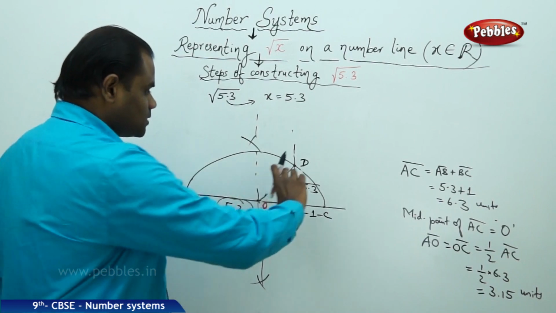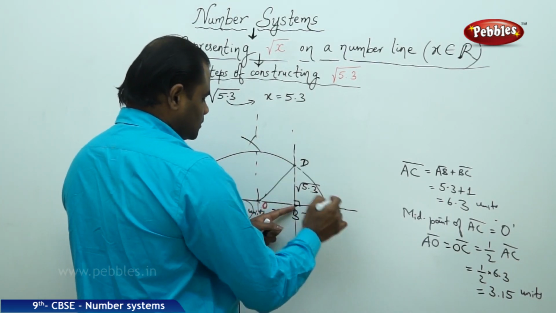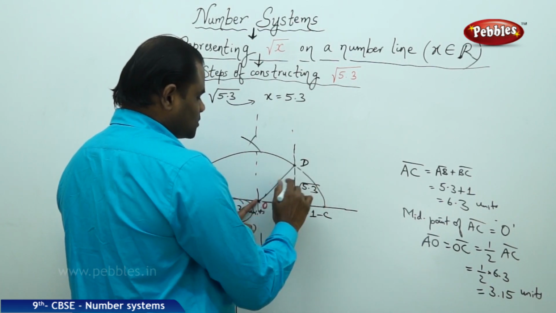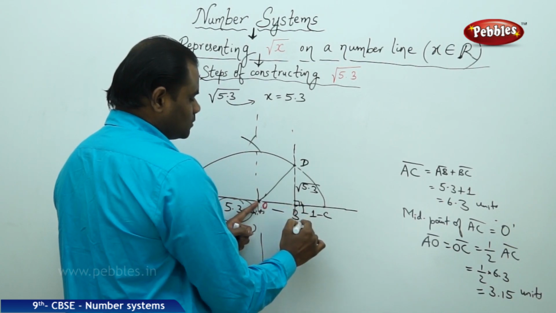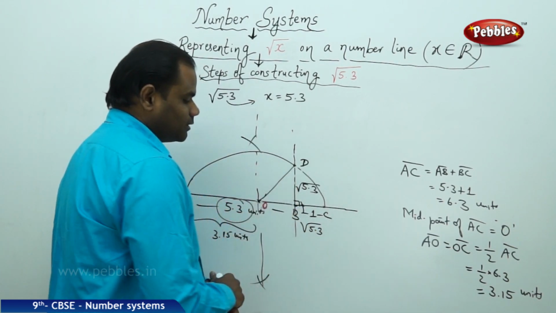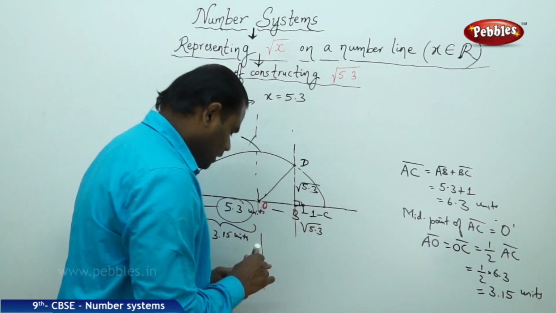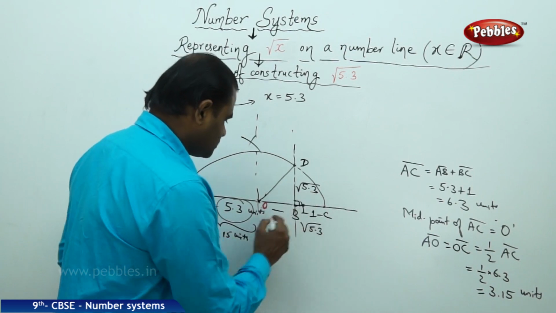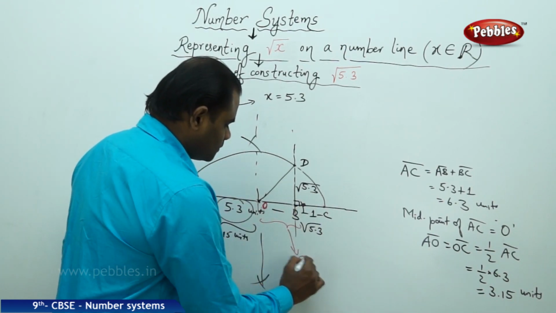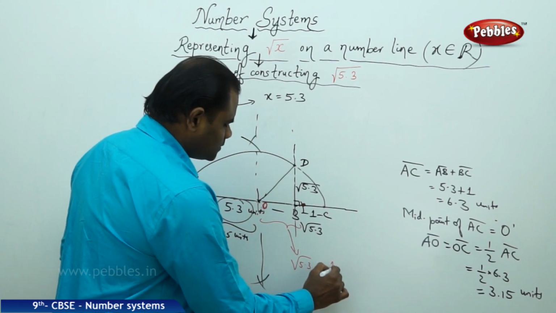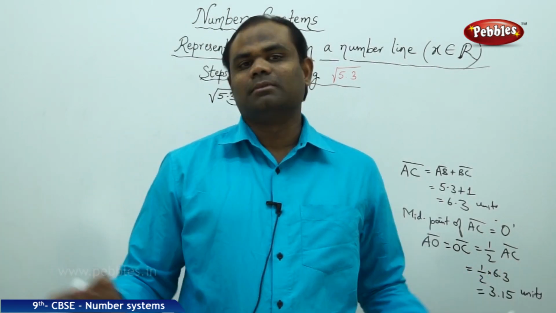And hence, this distance, again taken on the number line, will cut from 0. Take this distance and cut here, then I get this to be root 5.3 units. And that is how we can mark it on the number line, where root 5.3 units, which is the measure of this length, can be represented on any number line.